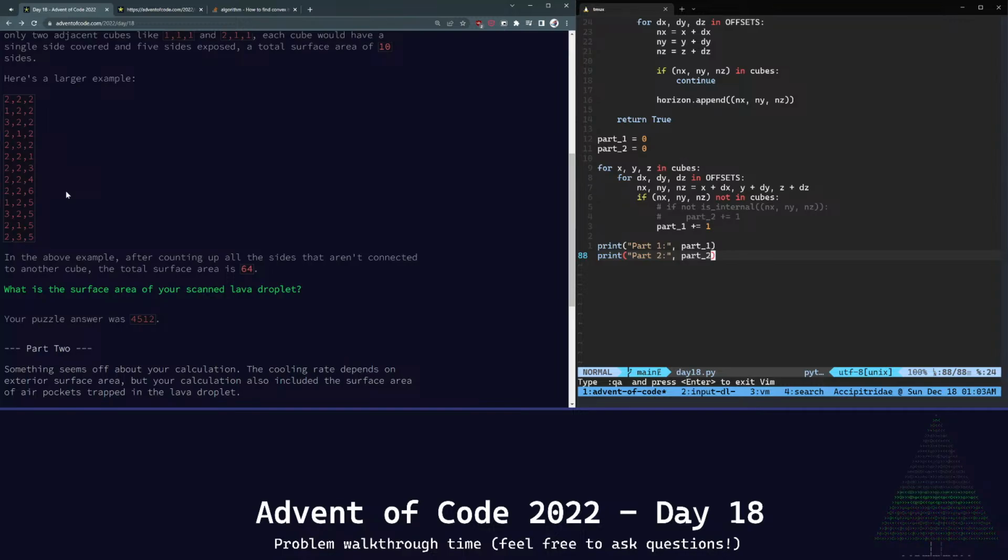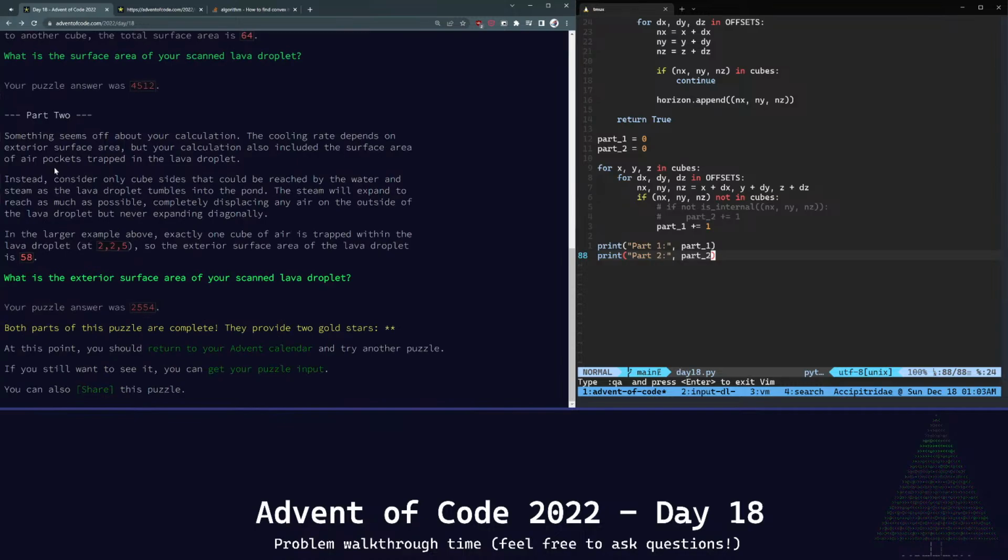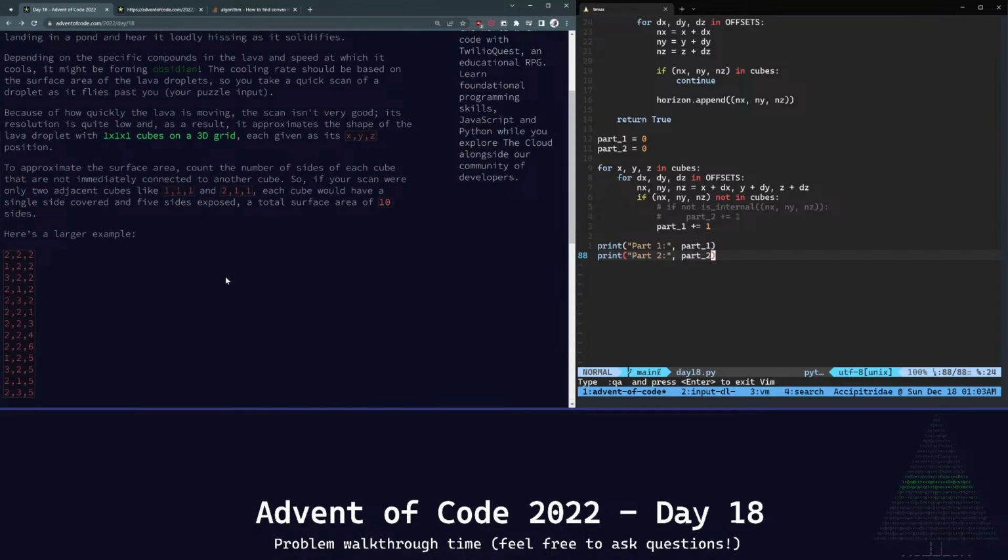It creates like a big convex object where there'll be faces inside that can't see sunlight, right? They're going to be enclosed by this polygon, except instead of a two-dimensional polygon, it's a three-dimensional polygon. And so in this question, we only want to care about the exterior surface area of the droplet. We don't care about any faces that could be inside, right?